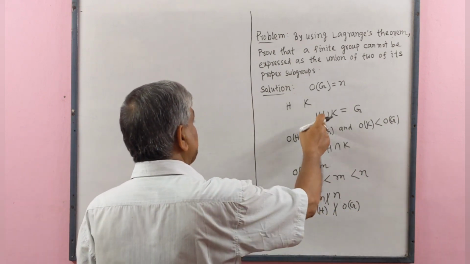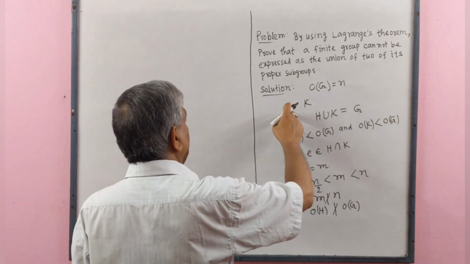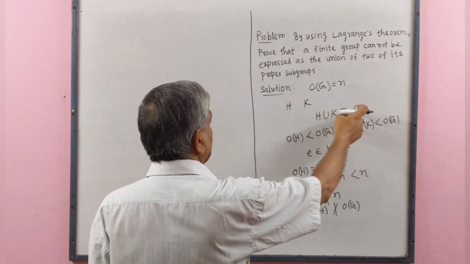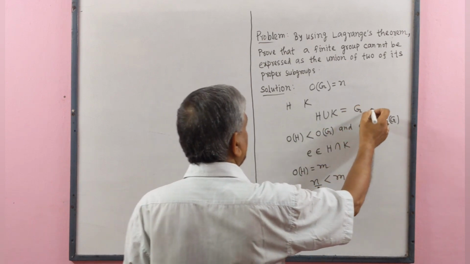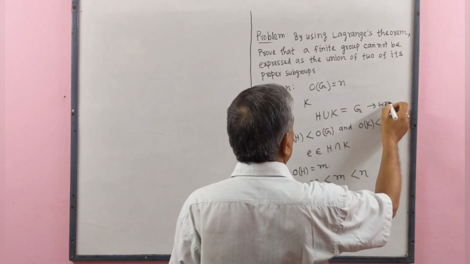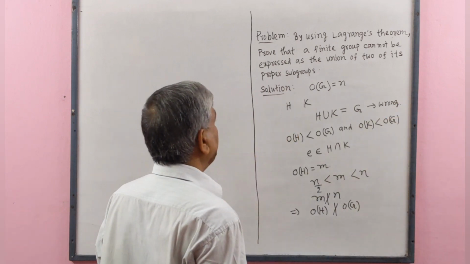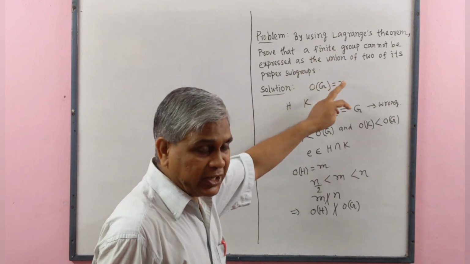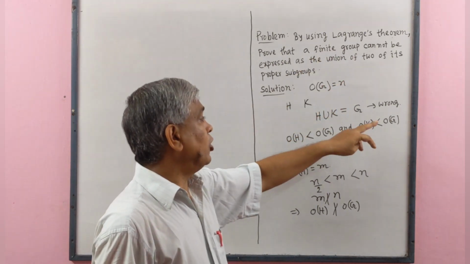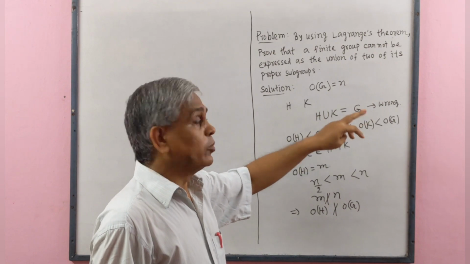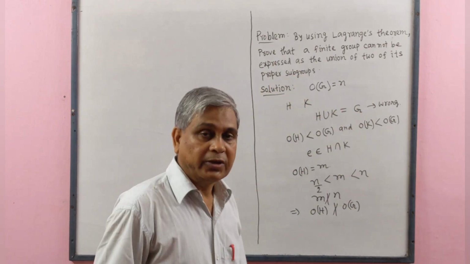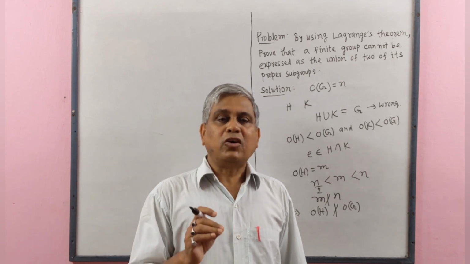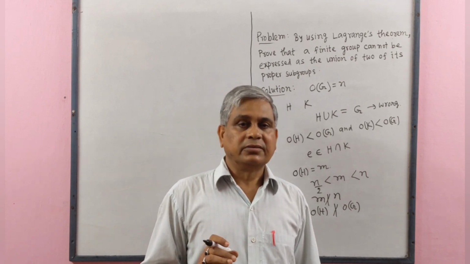That is, our assumption that H and K are proper subgroups and their union is group G is wrong. Therefore, a finite group cannot be expressed as the union of two of its proper subgroups. Proved. Now, I will give you details of my lecture notes.